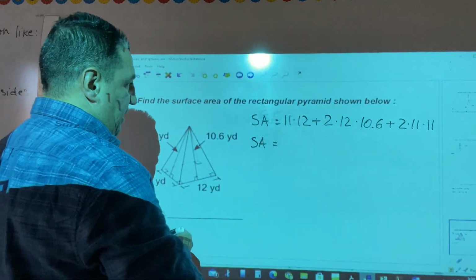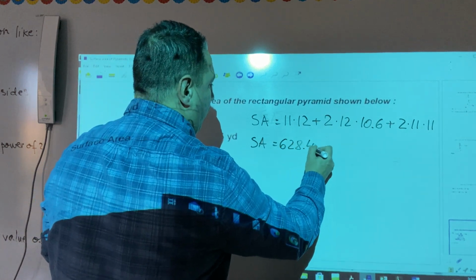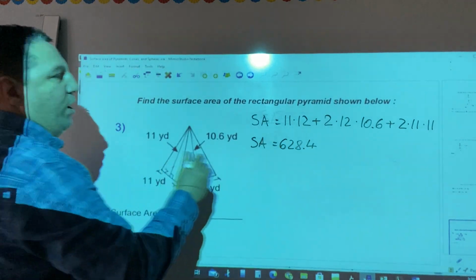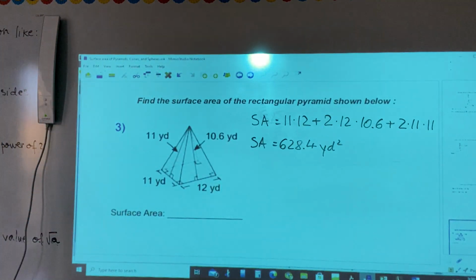So 628.4, again, units, square yards. Good.